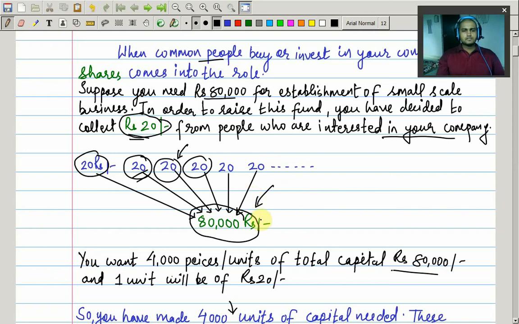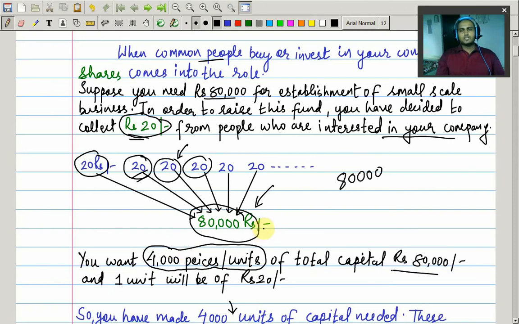Or I can say that I can divide this big amount, 80,000 rupees, into small pieces, and each piece will cost rupees 20 to the people. So 80,000 will be divided into 4,000 pieces, or I will say that it's a unit.